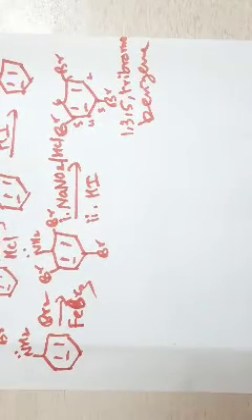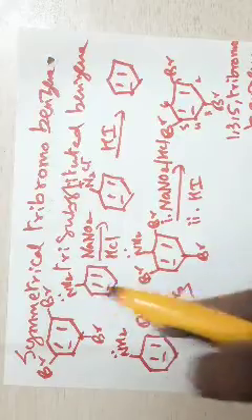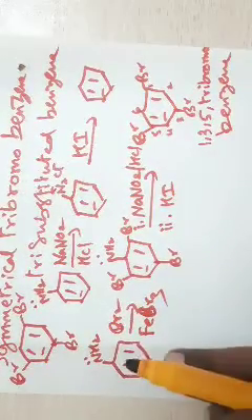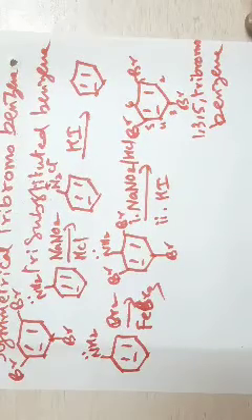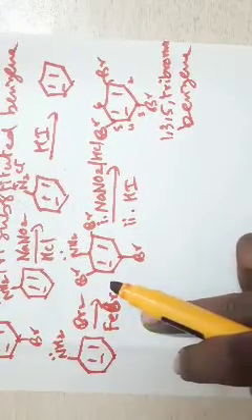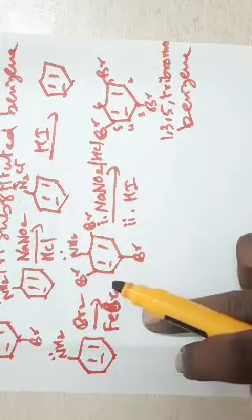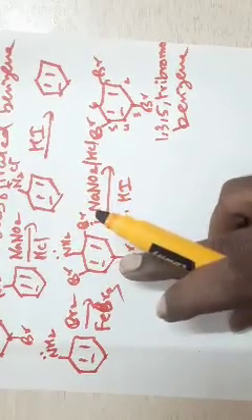So the target molecule is symmetrical tribromobenzene. I start the reaction with aniline. Aniline having an amino group with a lone pair of electrons is highly activating. So if it is brominated with bromine and Lewis acid catalyst, namely iron tribromide, then all the ortho and para positions are substituted.